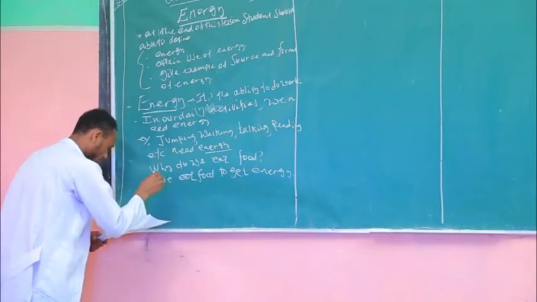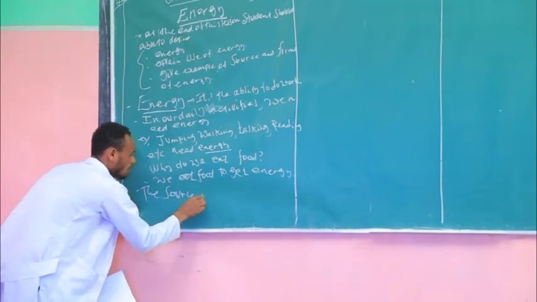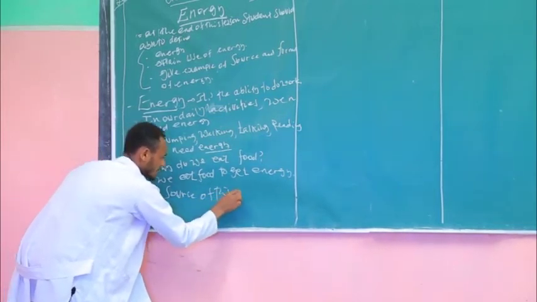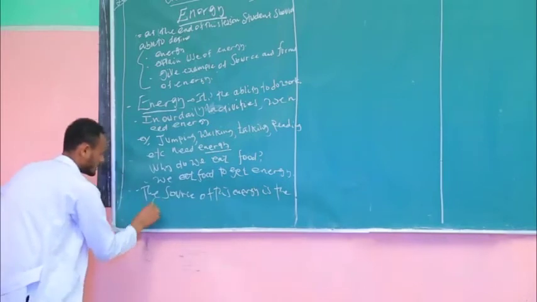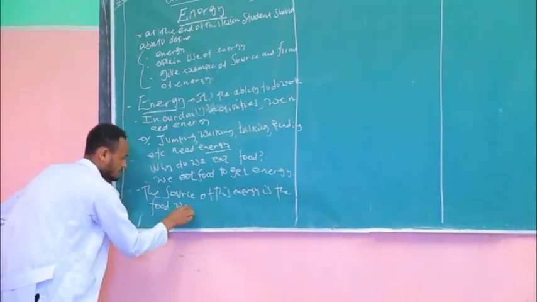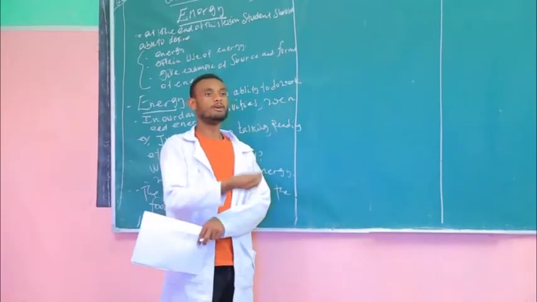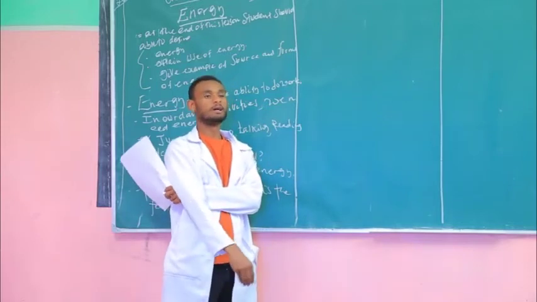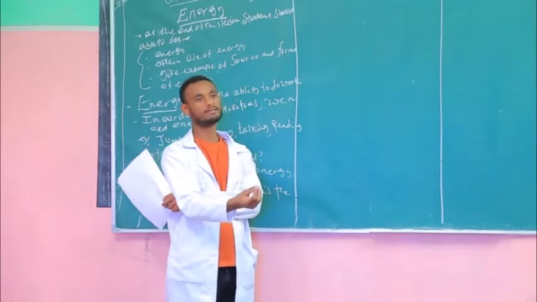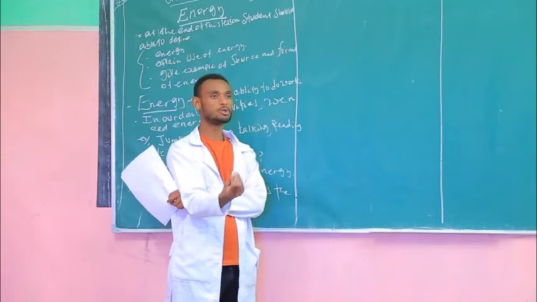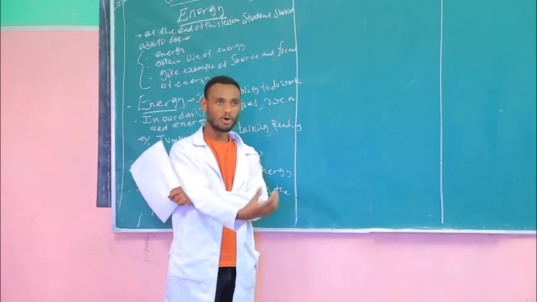Good. So, students, the source of this energy is the food we eat. Have you got the point, students? For example, you eat three times per day: breakfast, at midday your lunch, and at night your dinner.